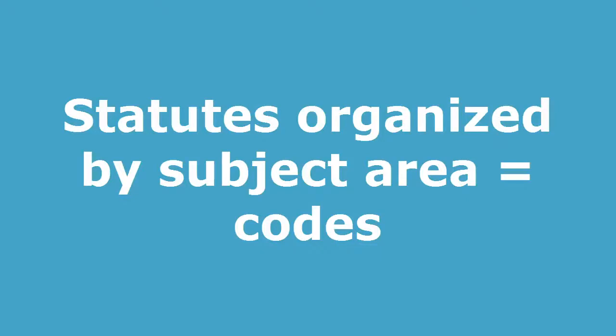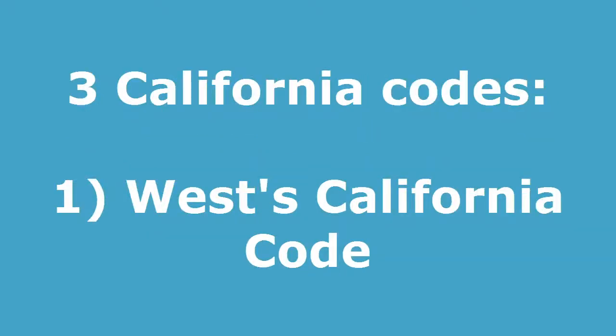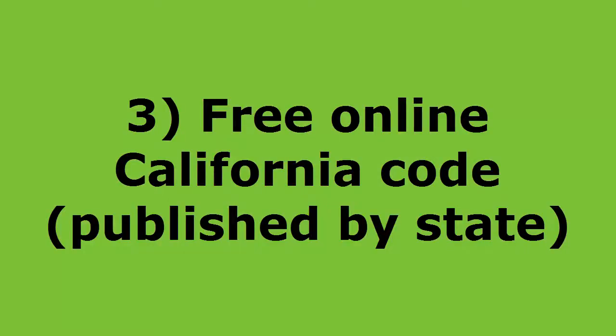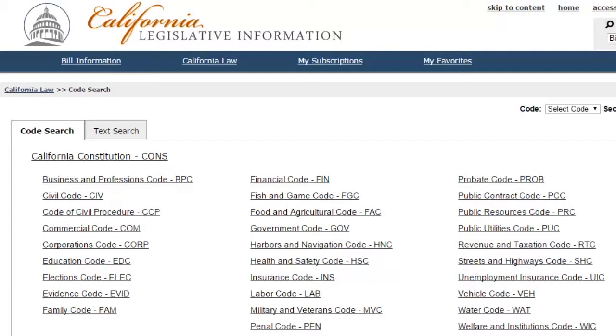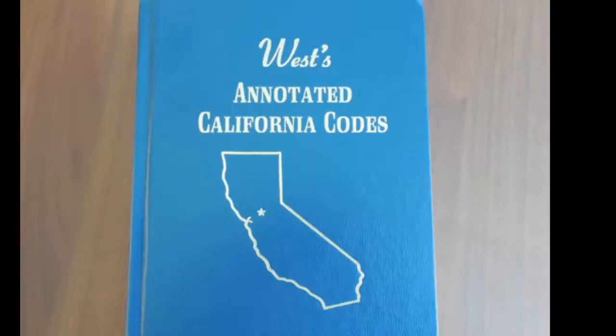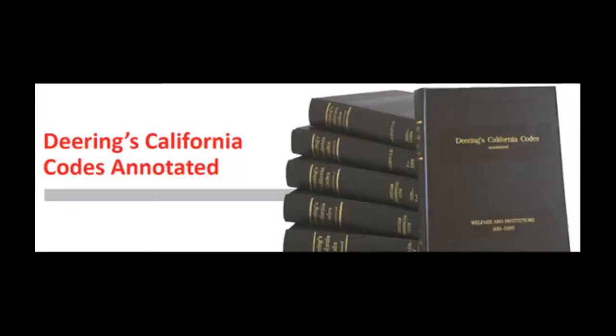Okay, so there are three versions of California Code. There's West's California Code, which is published by West, Deering's California Code, which is published by Lexis, and then there's just the basic California Code, which is available for free online. The West and Lexis California codes include annotations to the code sections that link to resources that cite to the statute you're interested in.